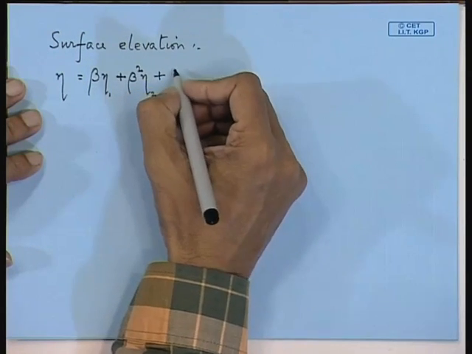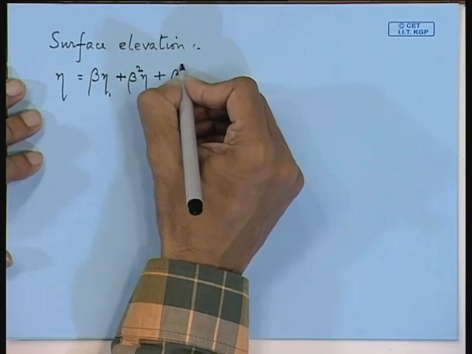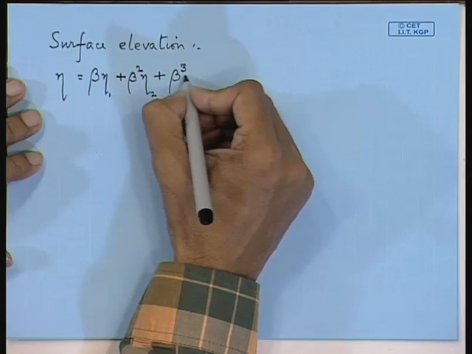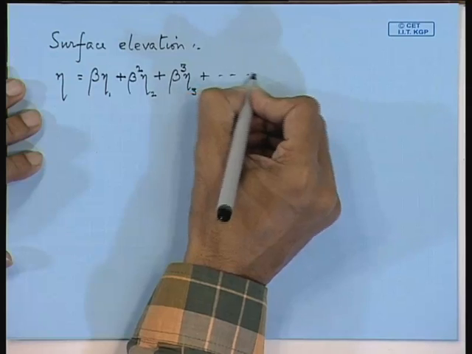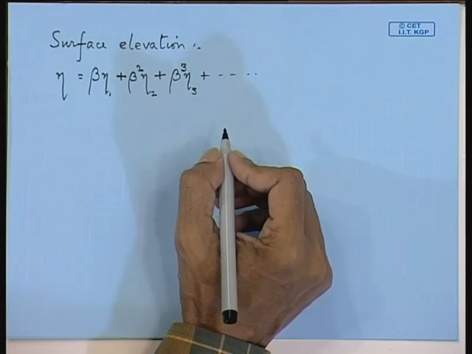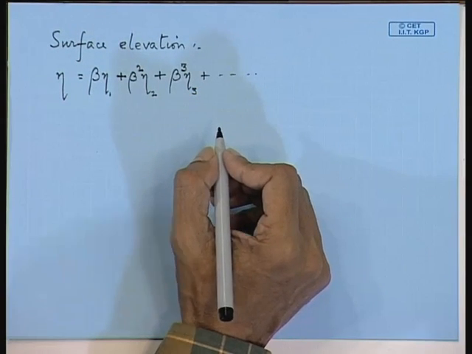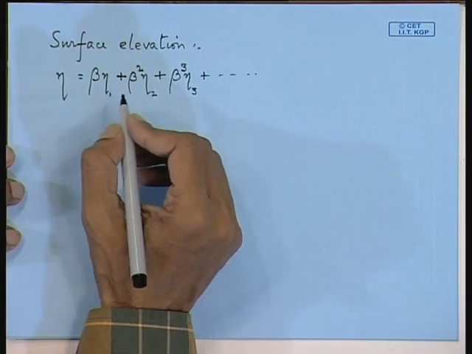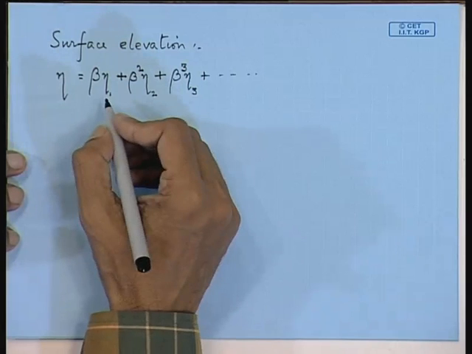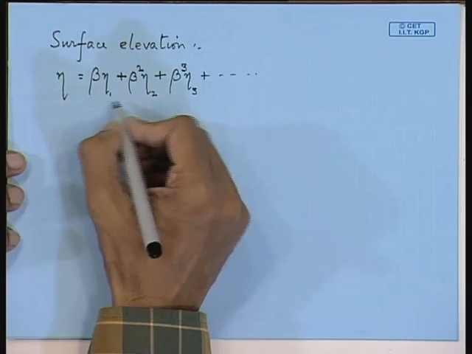Like this you can go on. Up to the third harmonic I have given. Now in this case you will find this, of course, these are called sinusoidal waves.